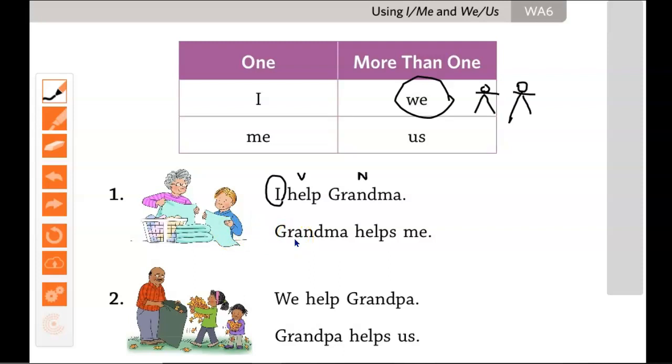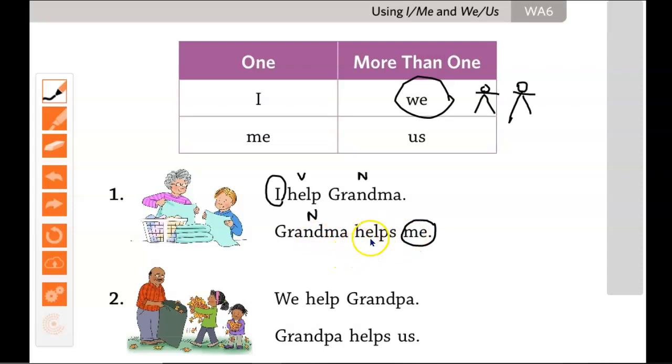Now look what happens if the noun is at the beginning of the sentence instead of at the end. Look where the pronoun ends up. Do you see it? Yeah, it's way down here. Me, it's way down here. In this one where the noun is first, Grandma is at the beginning and our verb comes next.